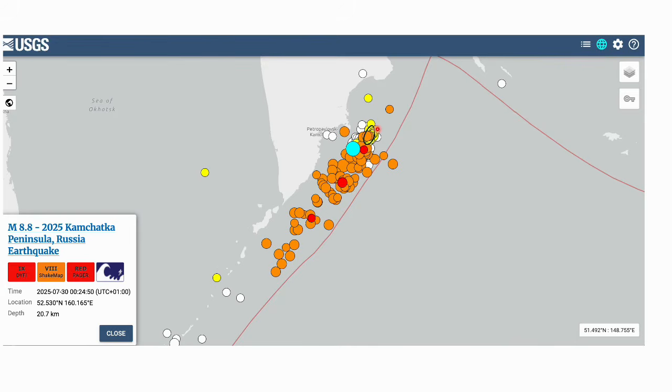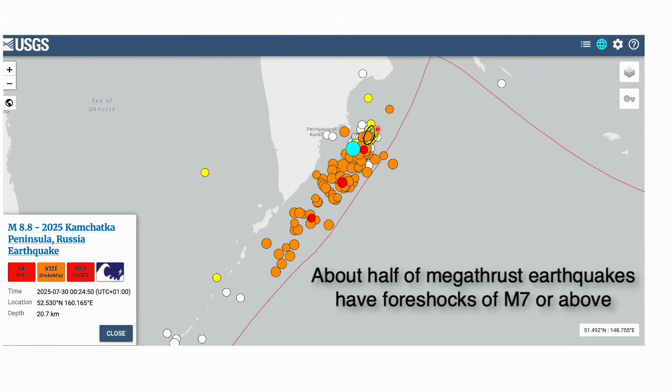Okay, so is it unusual to see quite such a nice foreshock sequence for these large earthquakes? Well, Earthquake Insights has a very nice blog about this, and they've analysed all of the magnitude 8.5 and above for the last century, and they find that in about half of cases there are foreshocks.